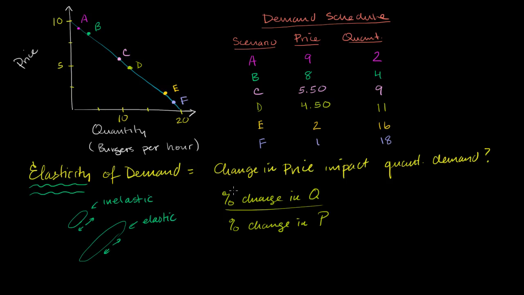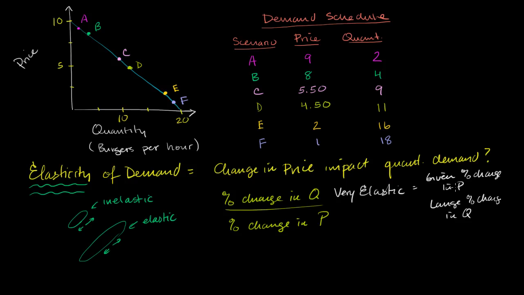And so the analogy might make some sense relative to price and demand. Something is very elastic if, given a percentage change in P, you end up having a large percentage change in Q. That would be very elastic.